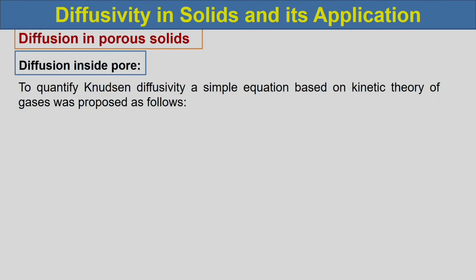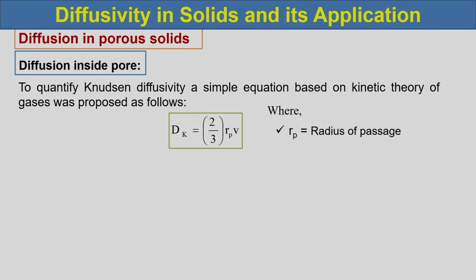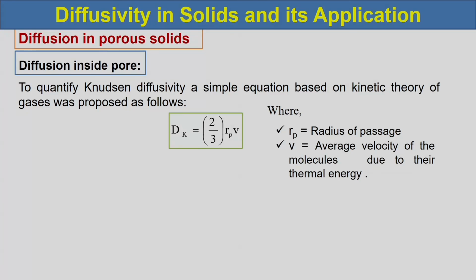Now, to quantify Knudsen diffusivity, a simple equation based on kinetic theory of gases was proposed as follows. That is, D_K would be equal to 2/3 into R_p into V, where R_p is the radius of the passage and V is the average velocity of the molecules due to their thermal energy.